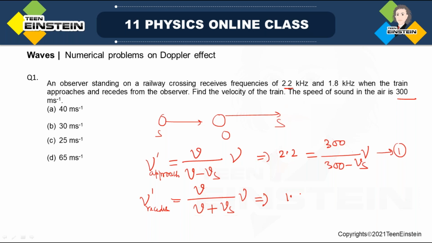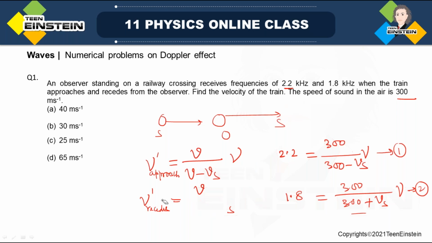So from here we can write 1.8 equals 300 divided by 300 plus Vs, times nu. Obviously when the source is moving away from the observer, the frequency of the sound will be decreasing. That's why this denominator is larger. So we have got two equations, and we'll solve them to find out Vs.